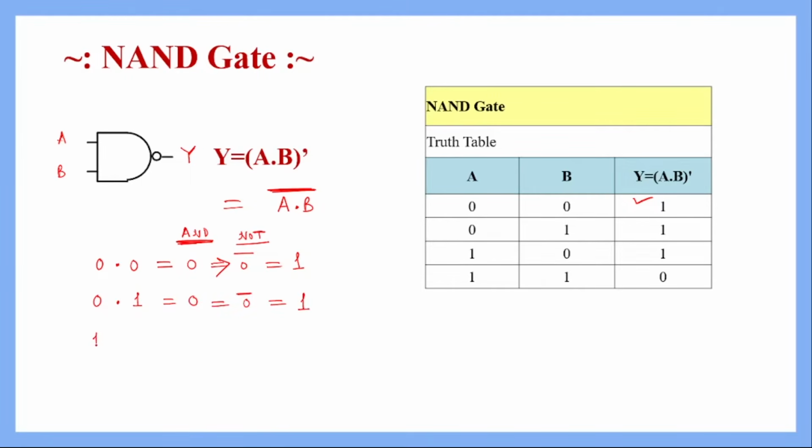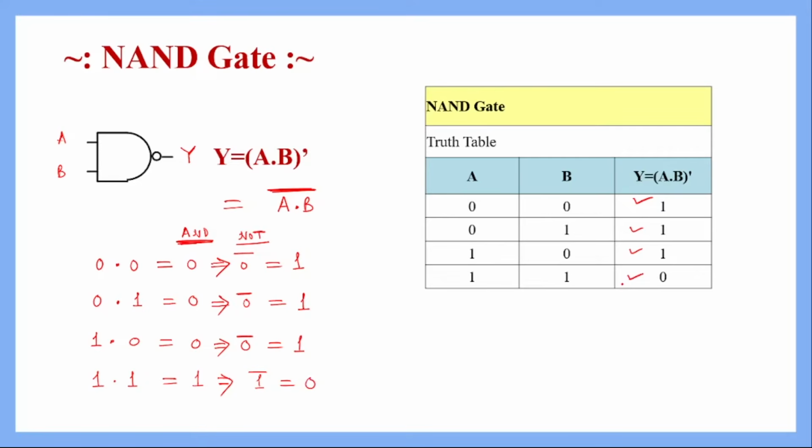Now if we swap the status of both the inputs, then 1 and 0, again it will become 0 after performing AND operation. And then if we perform NOT operation, that will again become 1, and that's what has been written here. Now when both the inputs are 1 1, so 1 and 1, as per AND operation it will become 1, and when we perform NOT operation, the complement of 1 will become 0, and that's what we can see here.